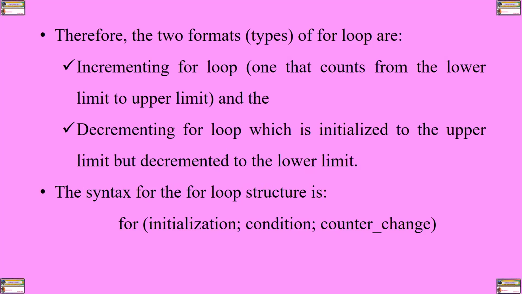If the condition is true, we execute the statements, statement 1, 2, 3, 4, up to the last statement. Once all the statements in the loop are executed, the last action is to change the value of the counter, that is, increment or decrement the counter, and that's what we call the counter change.